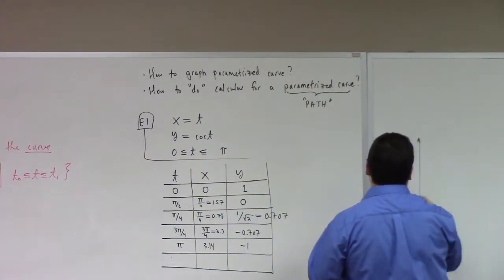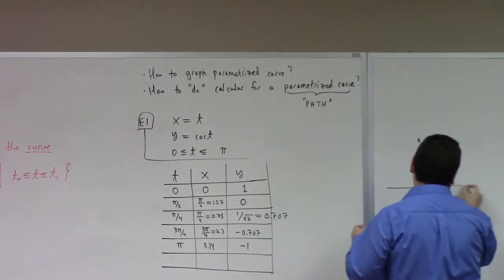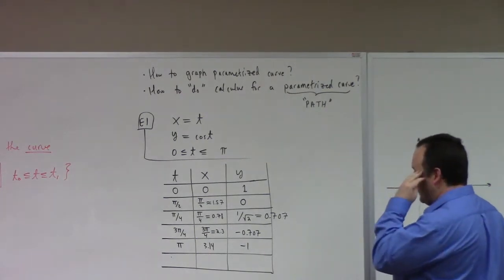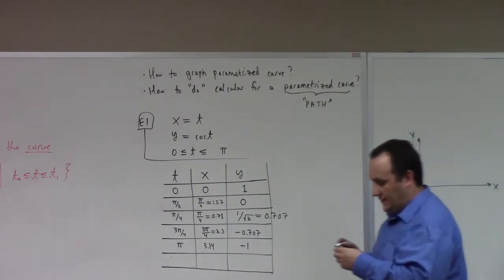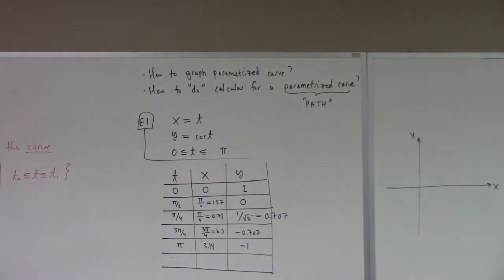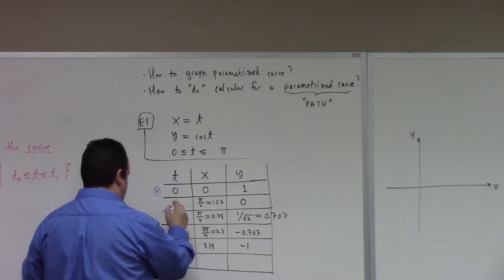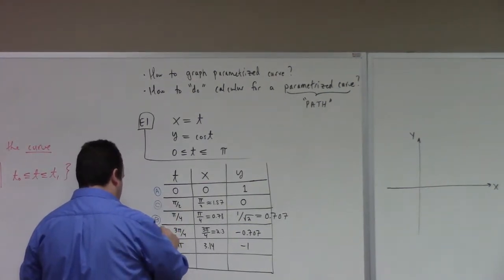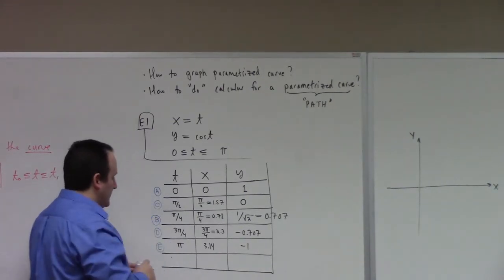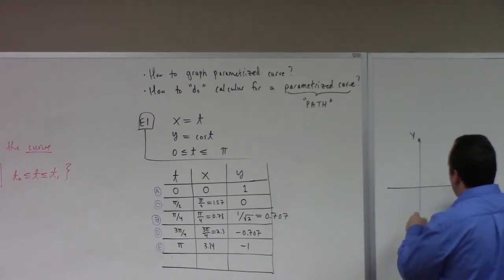Let's see here. So we're starting at where? Now when I'm doing this sort of thing, I like to be all neat and orderly, so I'm going to call these A, B, C, D, E, right? So point A is where x equals 0, y equals 1.